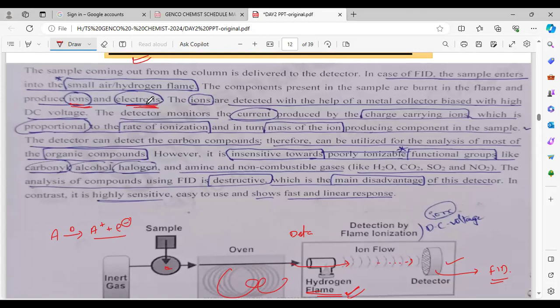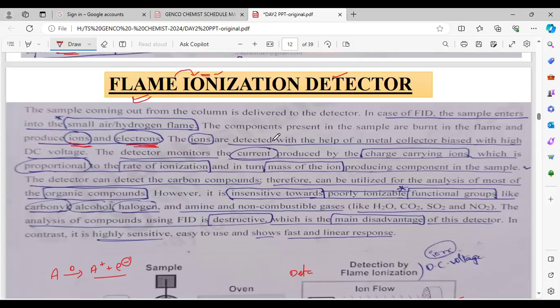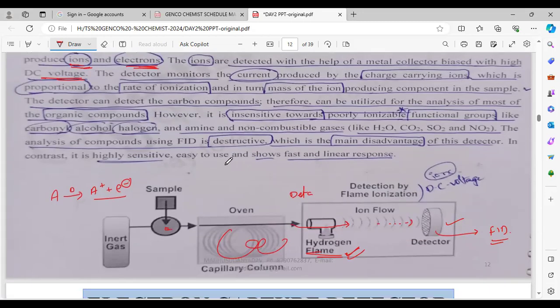In the name itself, it is there: flame ionization detector. The ions are detected with the help of a metal collector with high DC voltage. So direct DC voltage is used. So the ions which are formed after passing through this hydrogen flame are detected. In this FID, the voltage you are using is not AC, it is direct current.